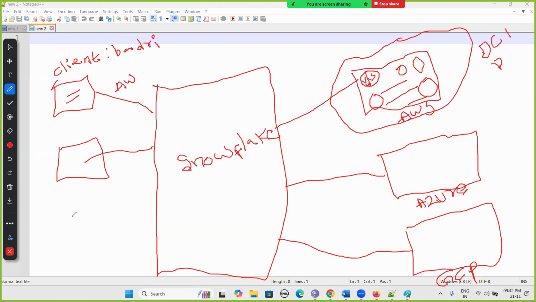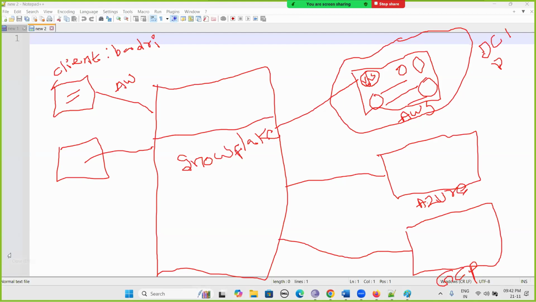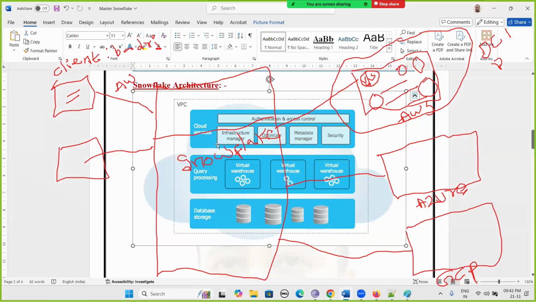Because the processing here, the first level, is their own. The first level uses the concept of cloud services: infrastructure manager, optimizer, metadata, security, and query processing. It uses different concepts, and for data storage it uses different concepts.